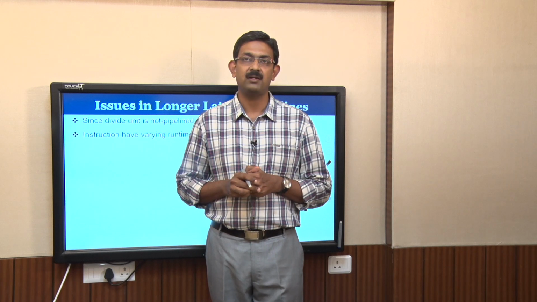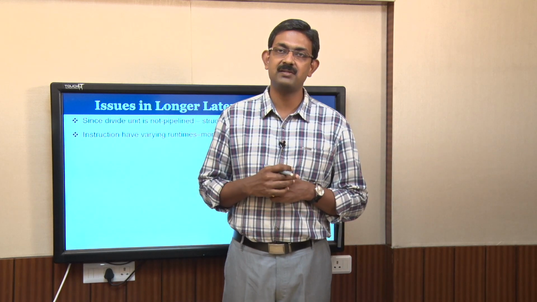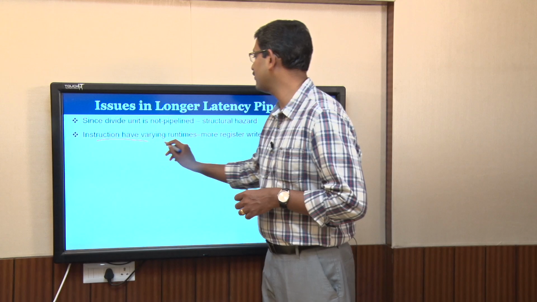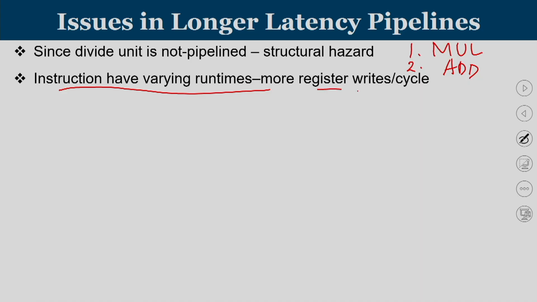So when a multiplication instruction is issued in clock cycle 1, and in clock cycle 2 I have an add instruction, the multiplication will take longer and the add instruction will complete before the multiplication is over. Since the instructions have varying run times, there can be more writes per cycle.